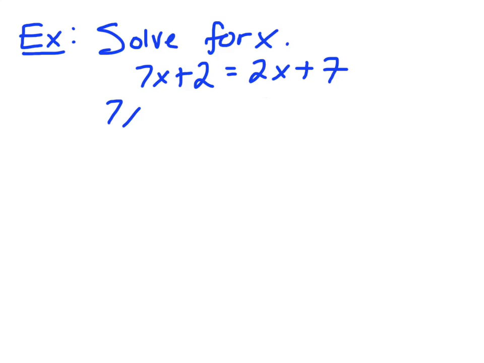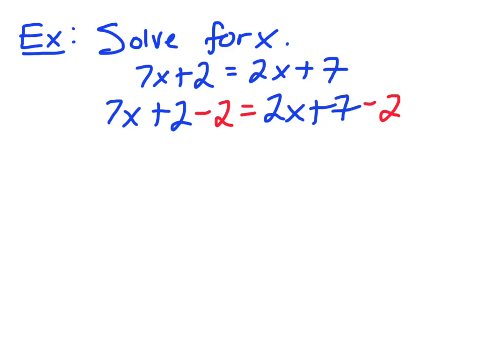So 7x plus 2 minus 2 is equal to 2x plus 7 minus 2. So those cancel, and I'm left with 7x is equal to 2x plus 5. Now I have to combine the variables, so 2x has to come over with the 7. I'm going to subtract 2x on both sides, because that's positive 2x.